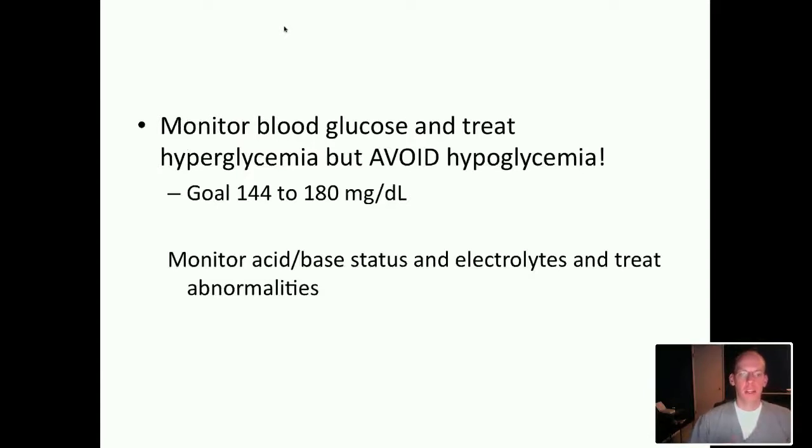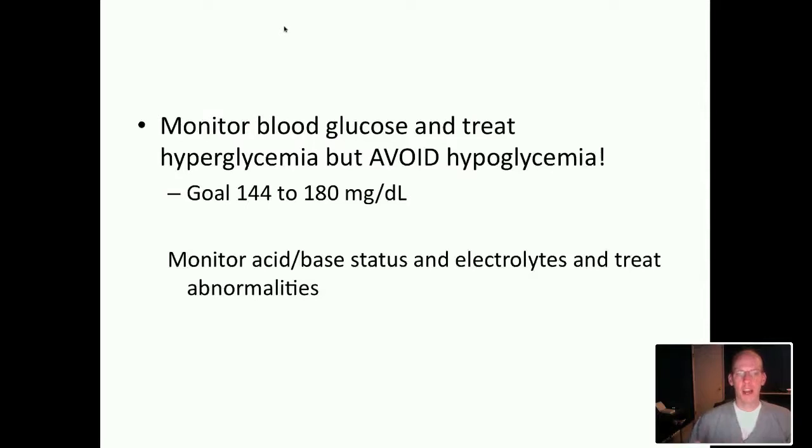So neurologically and acid-base. For acid-base, it's important to monitor your glucose and treat any hyperglycemia, but it's very important to avoid hypoglycemia. You need to keep them in this 140 to 180 range. You don't want either end, it's bad. Hypoglycemia is damaging, hyperglycemia is damaging. You want to keep them with a goal of 140 to 180.